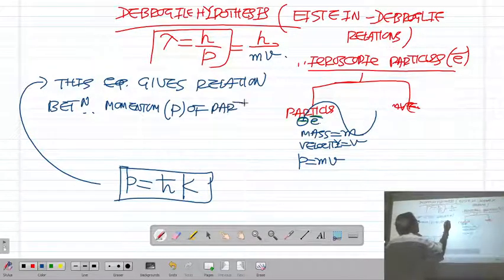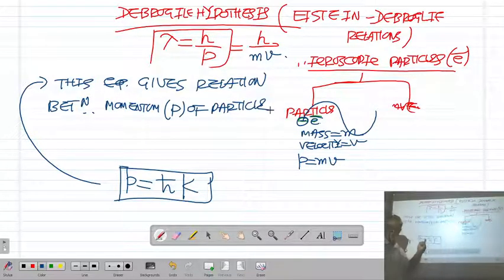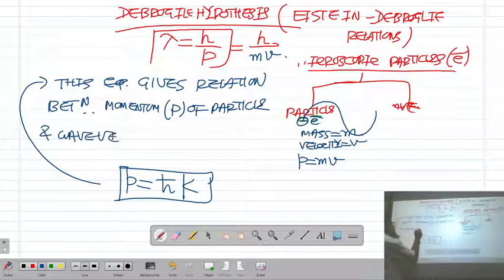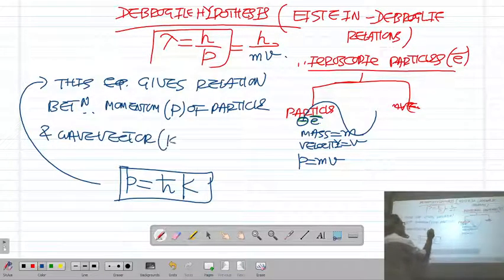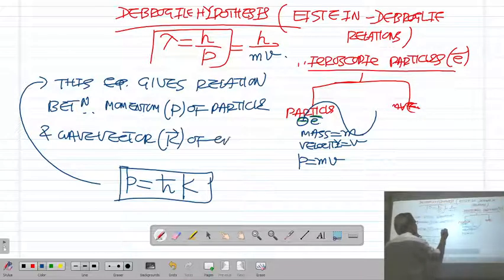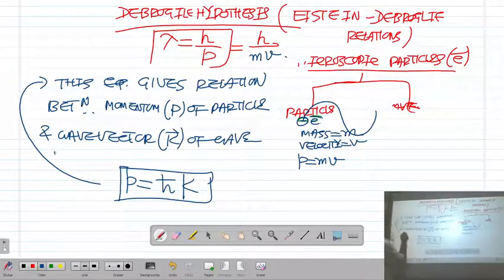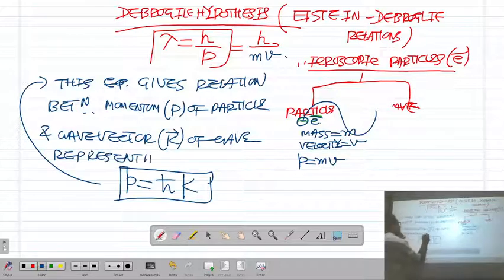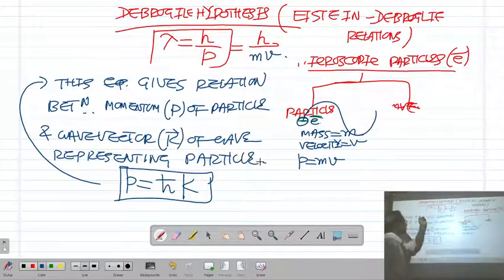This equation gives the relation between the momentum p of the particle, which is the characteristic of the particle, and the wave vector k of the wave, which represents the particle.